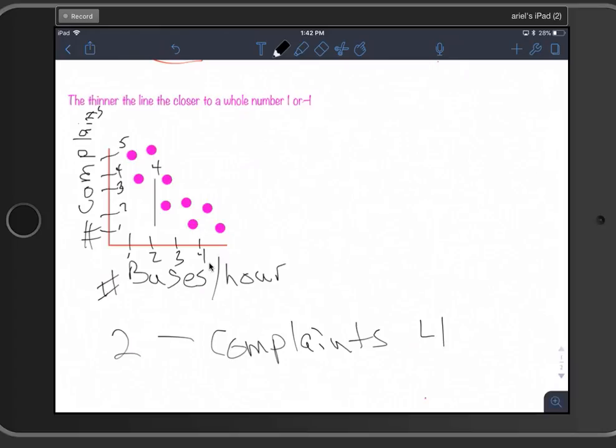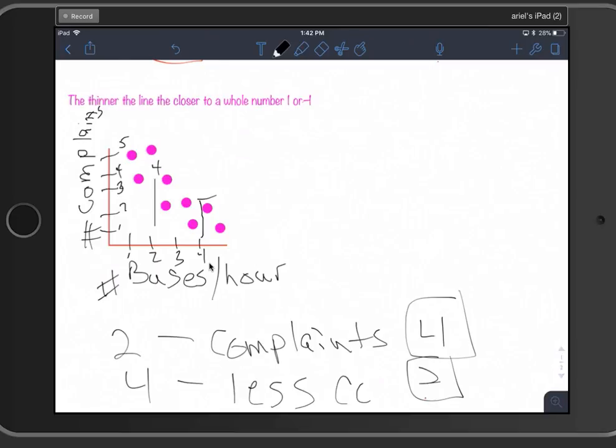We'll say, okay, well, what if there were 4 buses running? Would there be less complaints or more? So we go up to 4 and we go, oh, wow, there would be just about 2. And we don't know the direct number. It's not about the number. It's, do we know that it'll be less complaints? Because the scatter plot is going down.